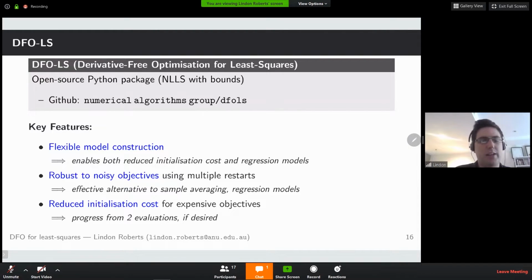And we've also got a mechanism for very expensive objectives where you can make some progress from 2 evaluations, rather than in general for an n-dimensional problem, you'll need n+1 evaluations of your objective before you can start making any progress. So we can bring that down to 2 for very expensive evaluations. However, we don't turn this on by default because in general, if you can wait, then you should, is the lesson that I won't have time to talk about here.